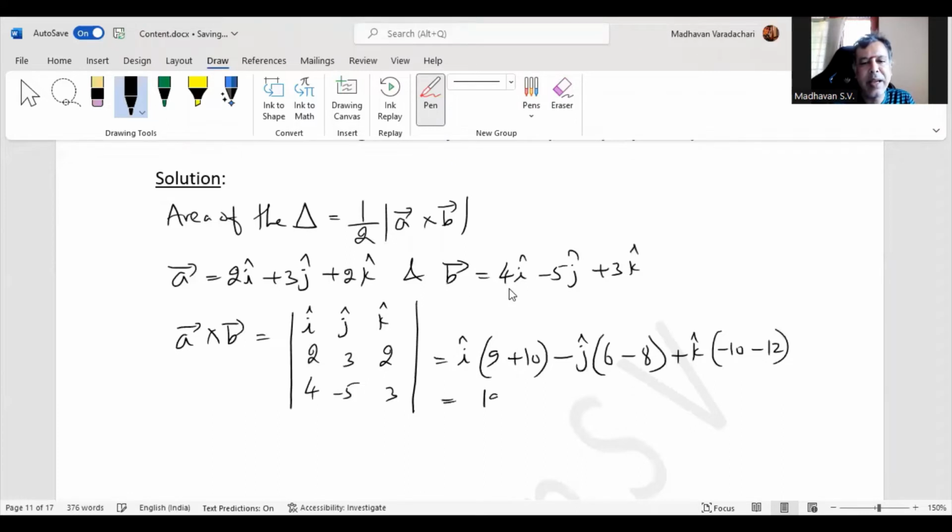So this will become 19 times I cap, minus of minus, it becomes plus 2 times J cap, and here it is -22, so -22 times K cap.